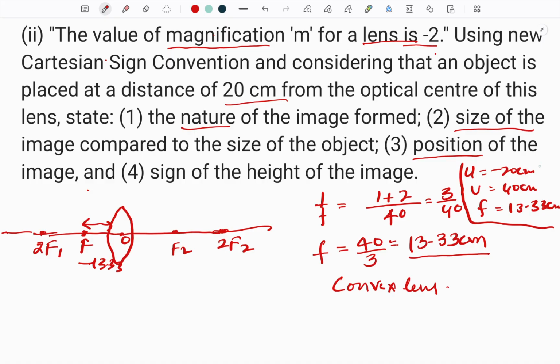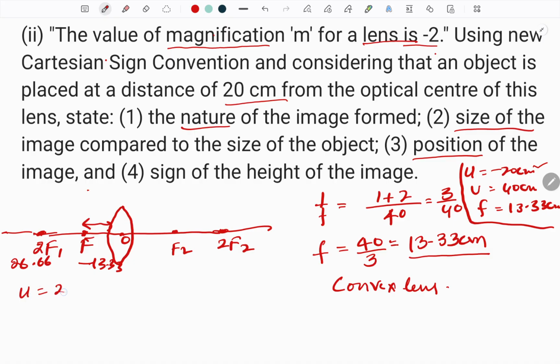But object distance here is given as 20 centimeter. If focal length is 13.33, what is 2F1? It should be 26.66. That is the center of curvature, or 2F1. But object distance is given as 20 centimeter.